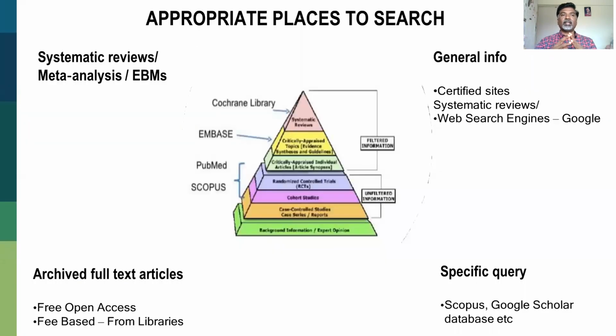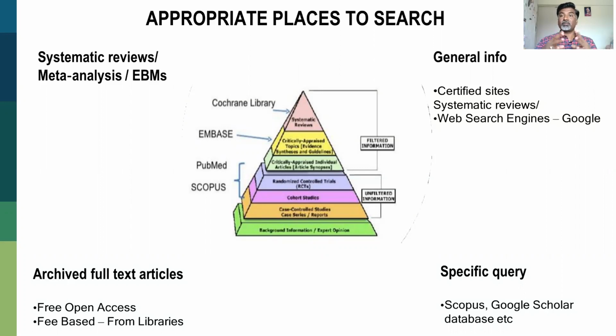So for collecting the data, from where you have to do the literature review, you have to review some systematic reviews published by other members. Also, you have to review full text articles published in books that may be available in some libraries, from where you can get the books on free basis or on fee basis also.